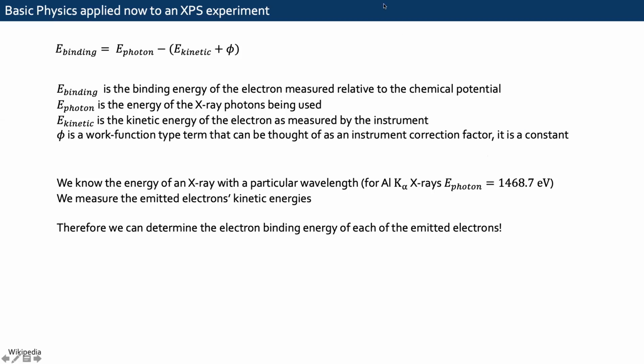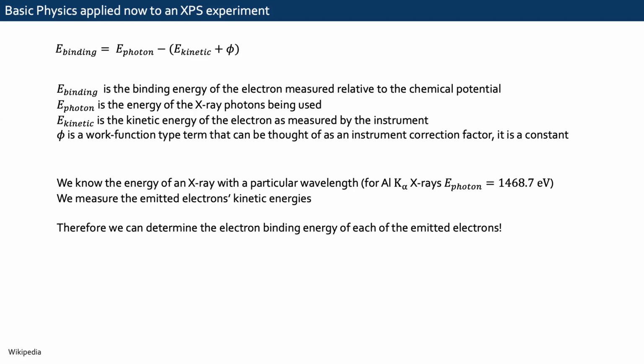If this isn't fixed, then whatever error you have in the energy of the photon is going to carry through to your binding energy. So you can think of it that way. The more monochromated it is, the more accurate the binding energy.